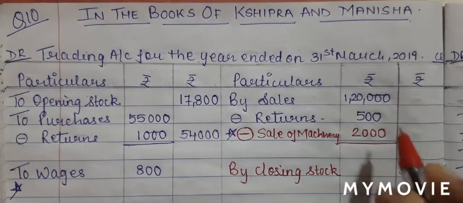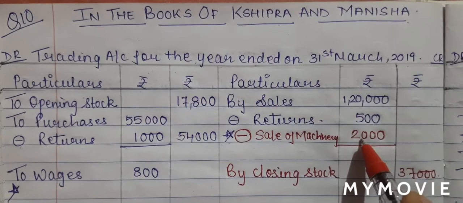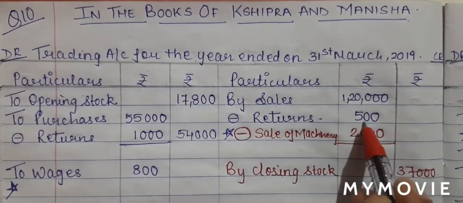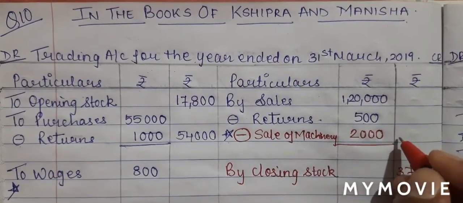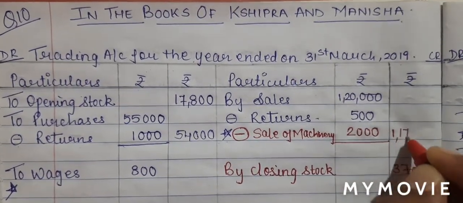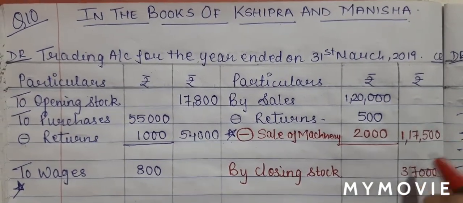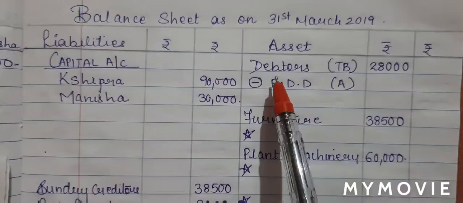But students, we have also completed our entire table. So let us do the calculation. 1,20,000 minus 500 and again minus 2,000. So I'll get a total of 1,17,500 in the outer column. This is my first effect for sale of machinery.